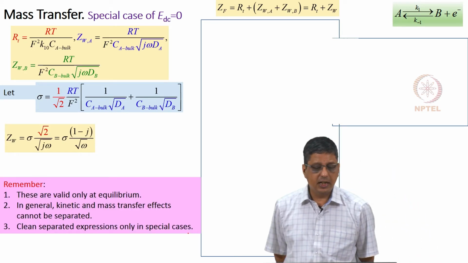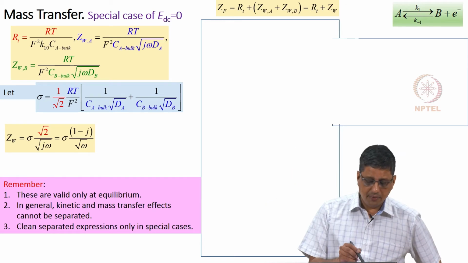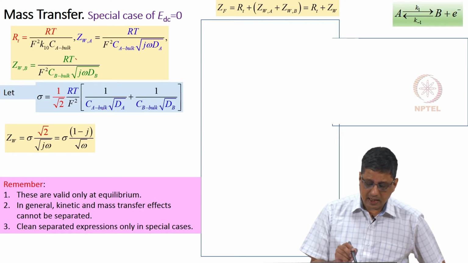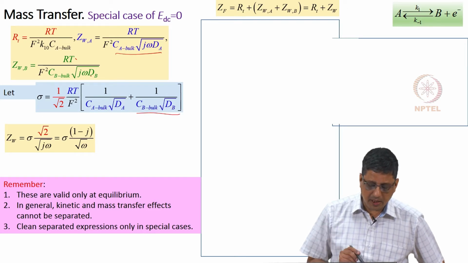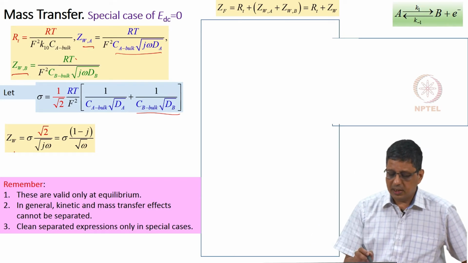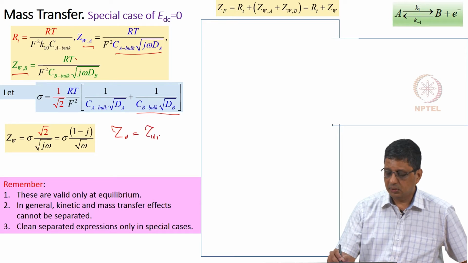It is commonly written in textbooks in this form, where you write a parameter sigma as 1 by square root of 2 times RT by F squared, times 1 over C_A bulk square root of D_A, plus C_B bulk square root of D_B, and you would combine Z_WA and Z_WB and write it as sigma.